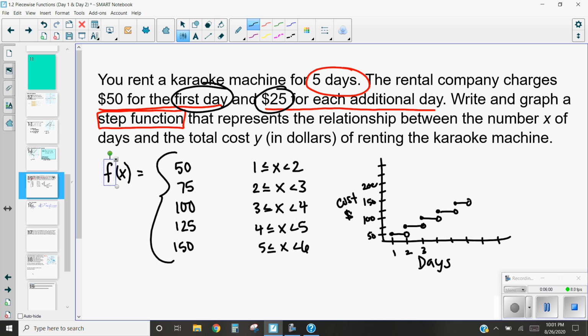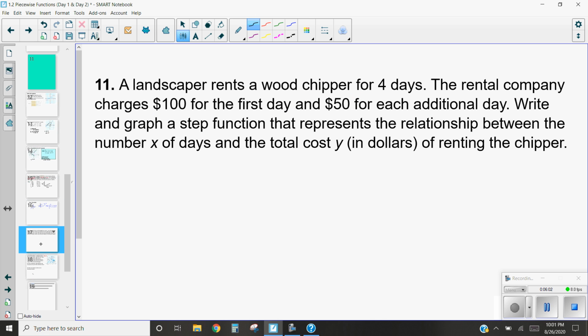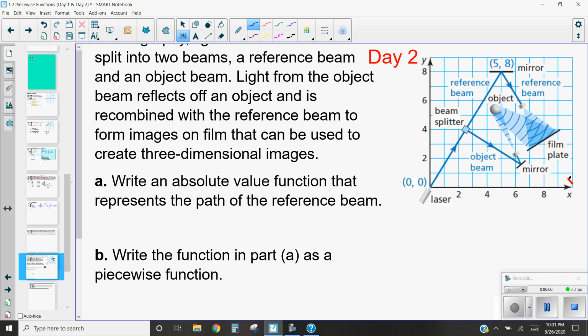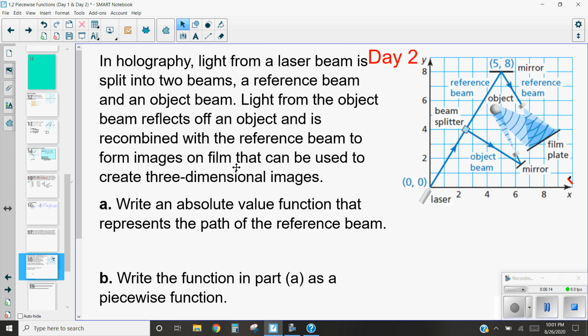Now, there are other times when we use it. An example might be if you're renting equipment, or if you decide to go into some sort of optics, you might end up seeing that here we have an example of a time where they're using holography and they're shining a laser and shooting it off of a mirror, then go off of the film plate, and then it shoots off another mirror, and we create a 3D object based on these reflections.